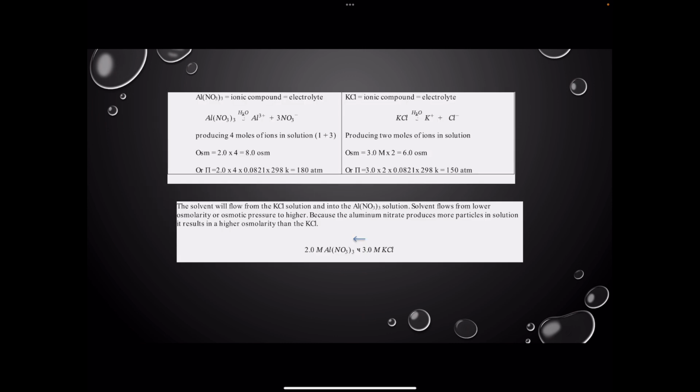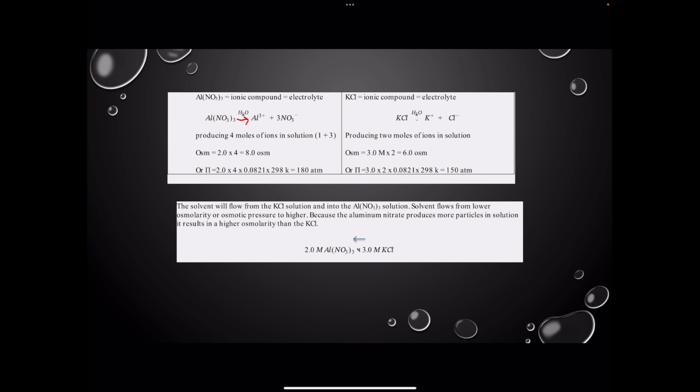So if we look at our aluminum nitrate, we see that aluminum present. The aluminum right away lets us know that we are dealing with an ionic compound. Now, since it's an ionic compound, that aluminum nitrate is an electrolyte. When it dissolves in water, it breaks into Al3+ and 3 NO3-. So I have 1 aluminum plus 3 nitrates.